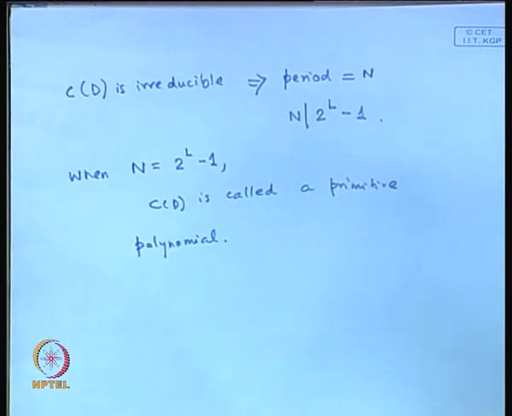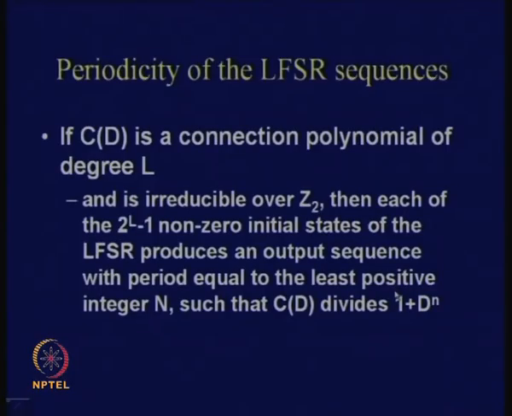So, in the case of an irreducible polynomial, the minimum value of N for which 1 plus D to the power of N is divisible by C(D), when this N is equal to 2 to the power of L minus 1, then that is called a primitive polynomial.